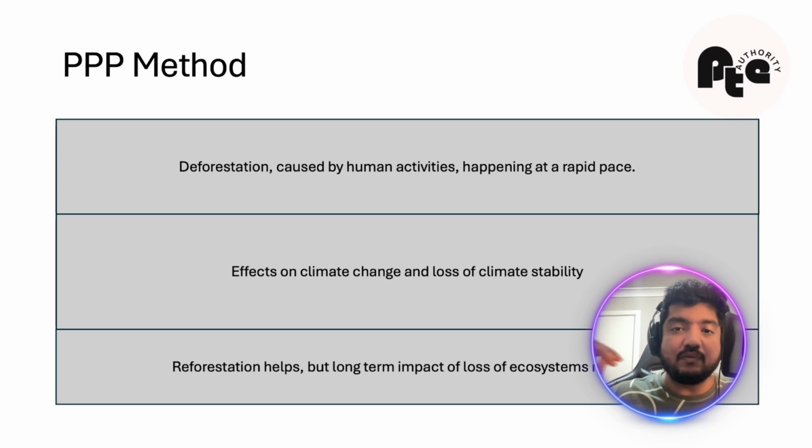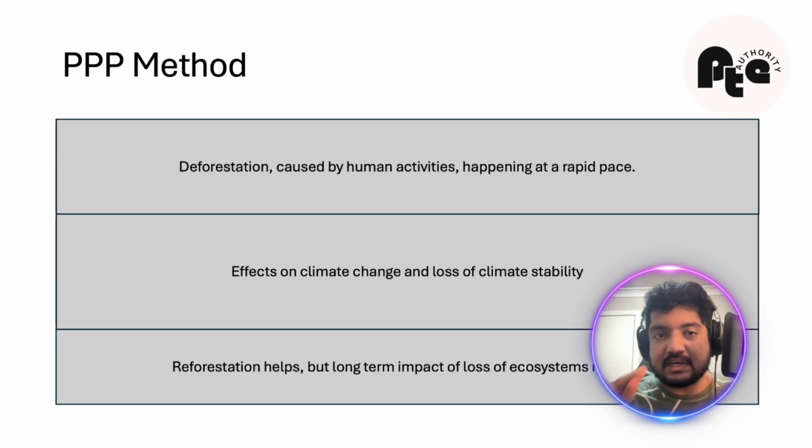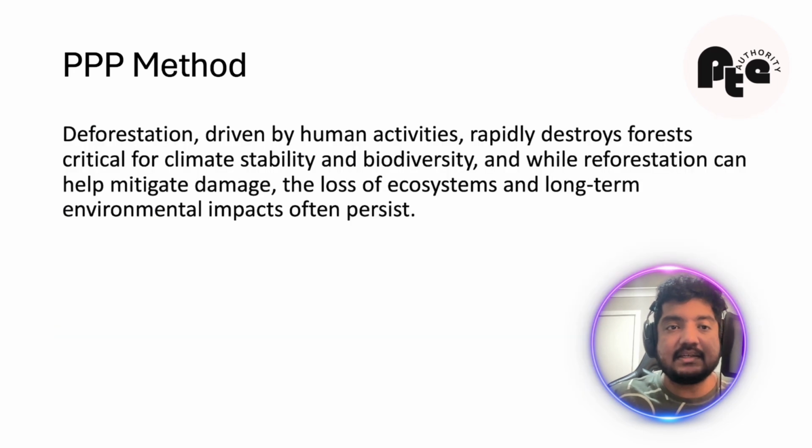It should have good vocabulary and grammar, and it should reflect the main points that I mentioned in these three phrases. If it was me, I would phrase the combined summary from these phrases into something like this.